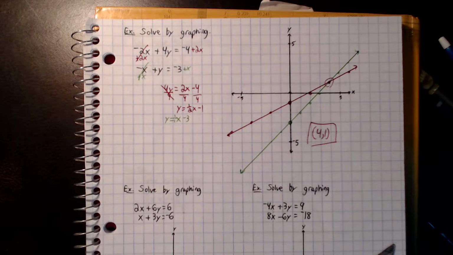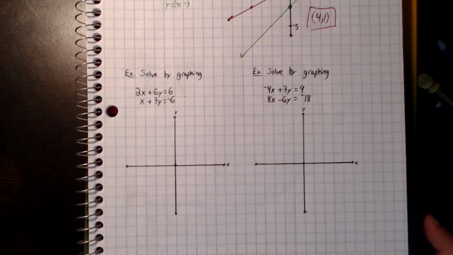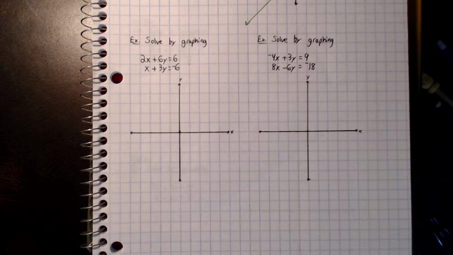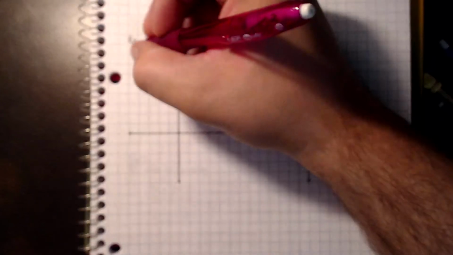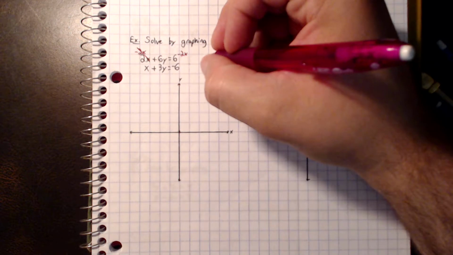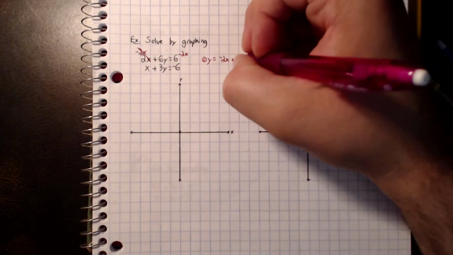Okay, so now I'm going to show you some of the other solution types, right? I said that there were solution sets, but then there's also no solutions and infinitely many. So let's take a look at those. We're going to do it in the pink and green again, just like before. Okay, still putting this in the slope-intercept form, so we're going to want to subtract 2x from both sides. So 6y equals -2x plus 6.